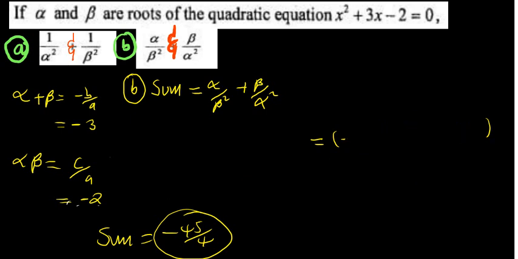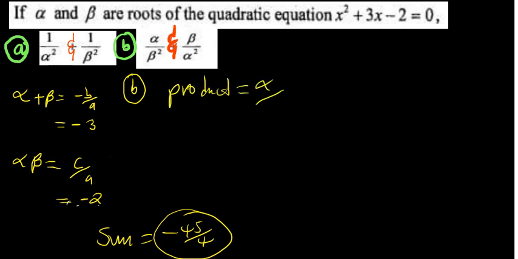So we also need to find the product of the roots that we have. The product of the two roots is going to be the first root, alpha over beta squared, multiplied by the next root, which is beta over alpha squared. Now if you look at this, 1 alpha will cancel with 1 alpha down here, 1 beta will cancel with 1 beta down there.